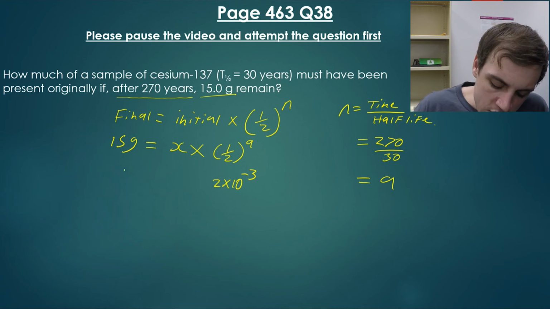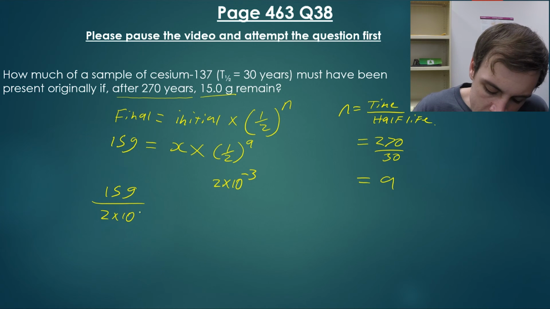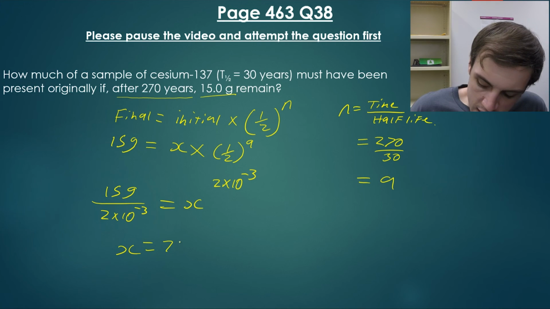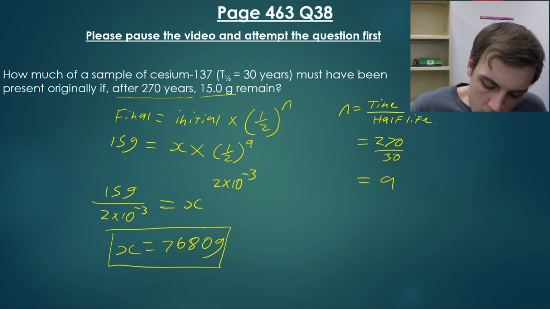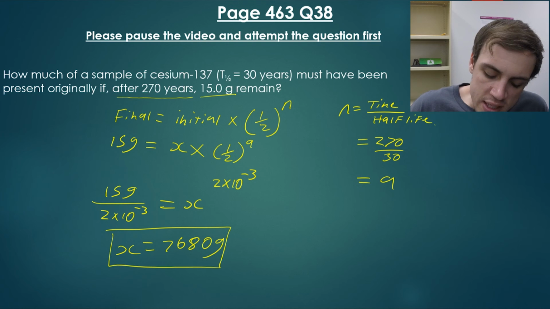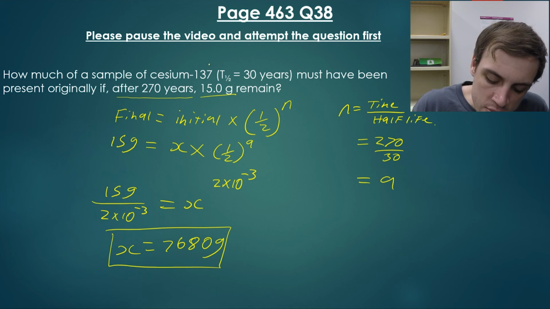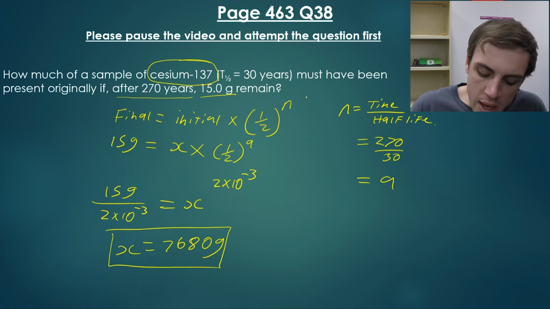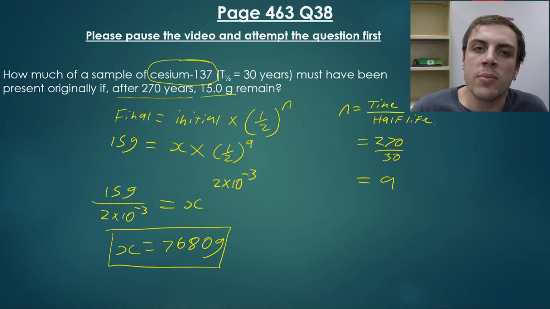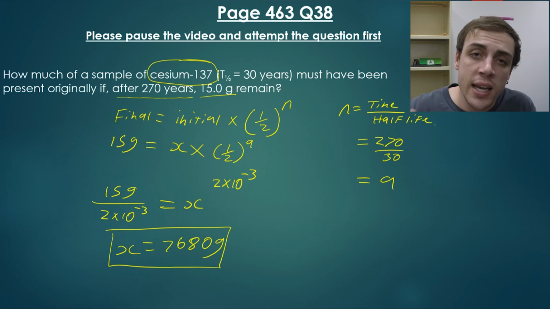We rearrange this: 15 grams divided by 2 times 10 to the -3 equals X. So X is going to equal 7,680 grams. So 270 years ago, we had 7,680 grams of cesium-137. However, after this time, only 15 grams remained because of the half-lives, and it kept just dividing.